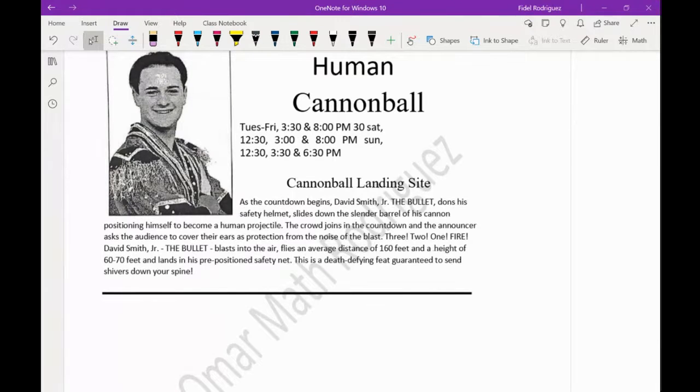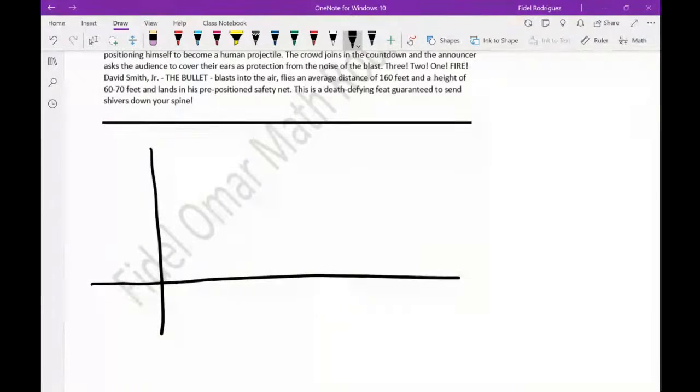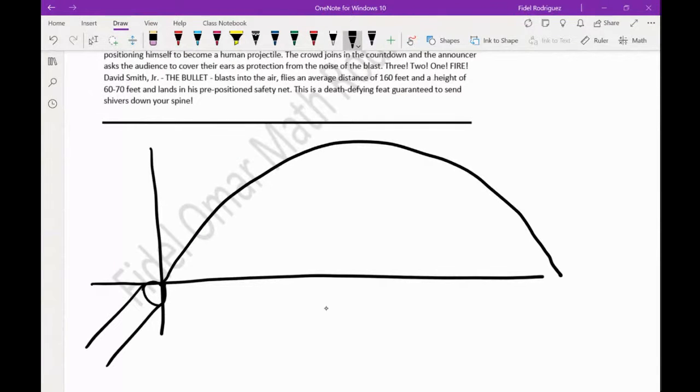What we're going to do, y'all, is figure out the equation that describes David Smith Jr. as he gets shot out of the cannon. So what I want you all to think about for a minute is, suppose here is the cannon. He gets shot out, and then he lands in his safety net over here.